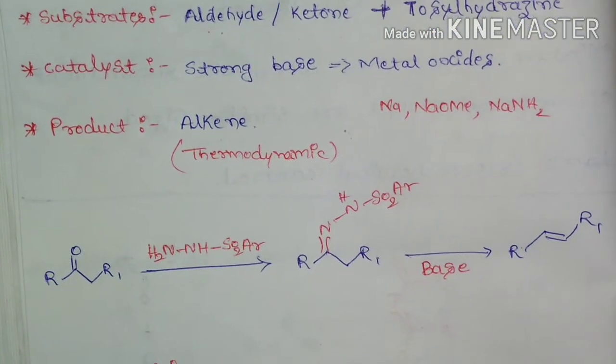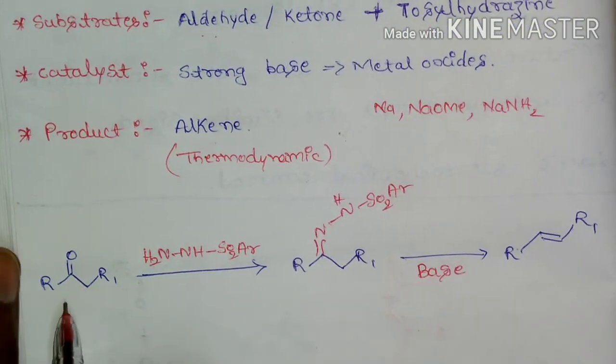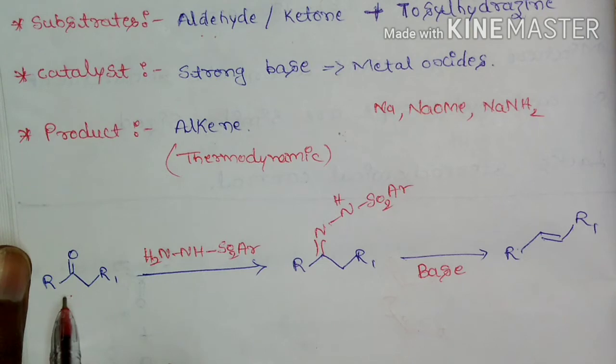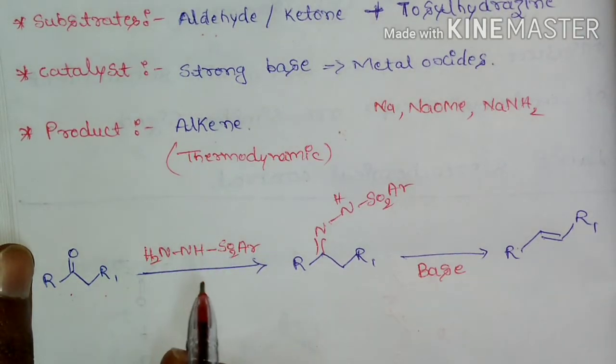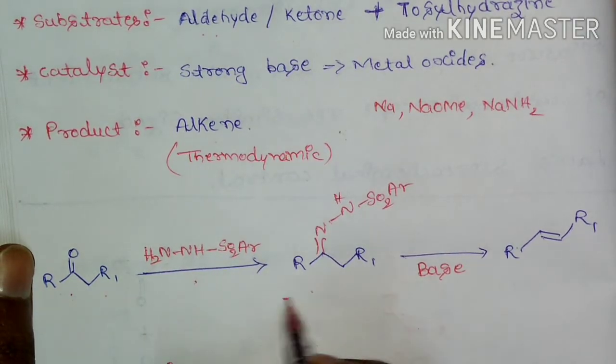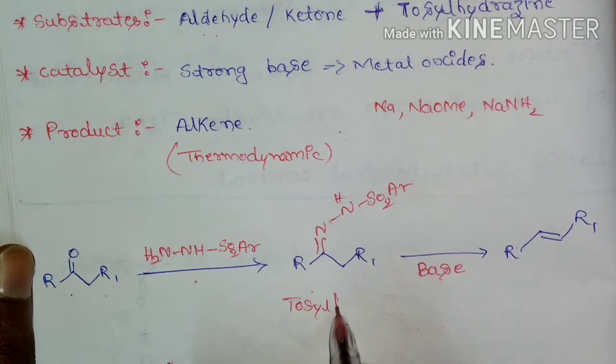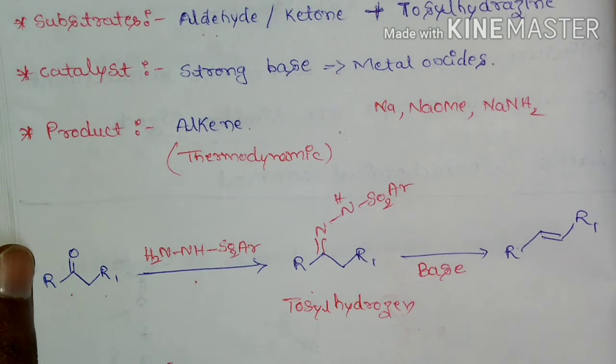And here is the general reaction. A carbonyl compound, which may be an aldehyde or ketone, upon treatment with tosyl hydrazine leads to the formation of tosyl hydrazone.